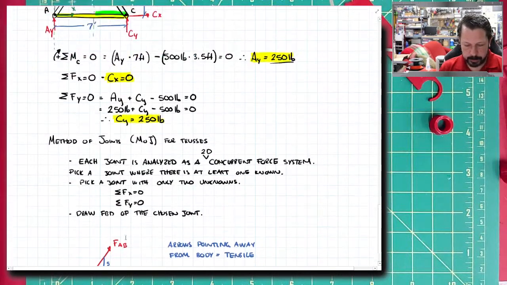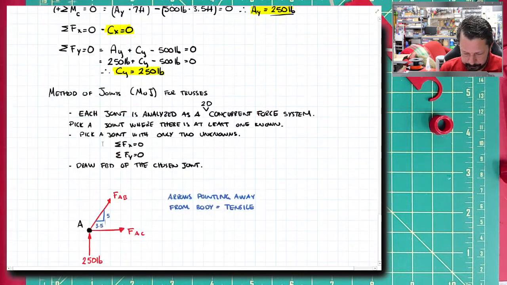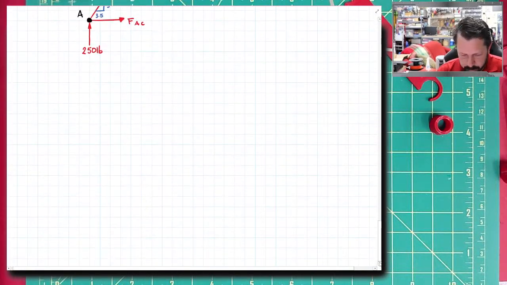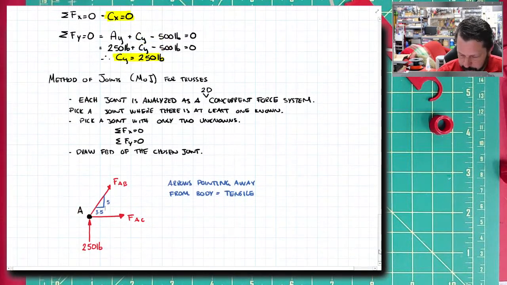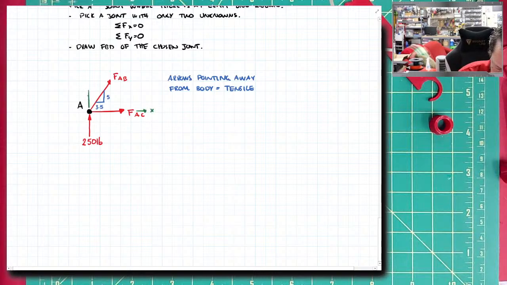If I go back to here, the rise of 5 and the run is half of 7, so 3.5. All right. I can put the coordinate system in here just to have X and Y. Now I've got my free body diagram of joint A.